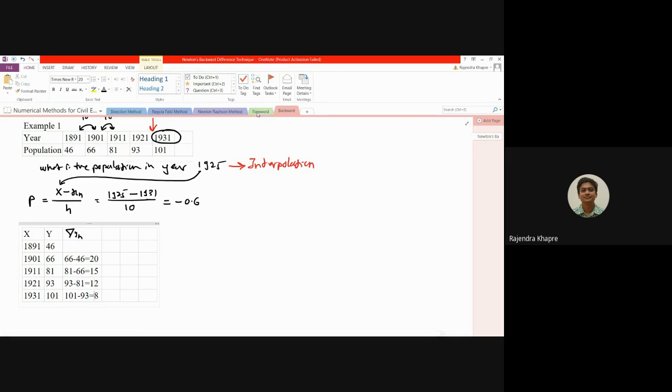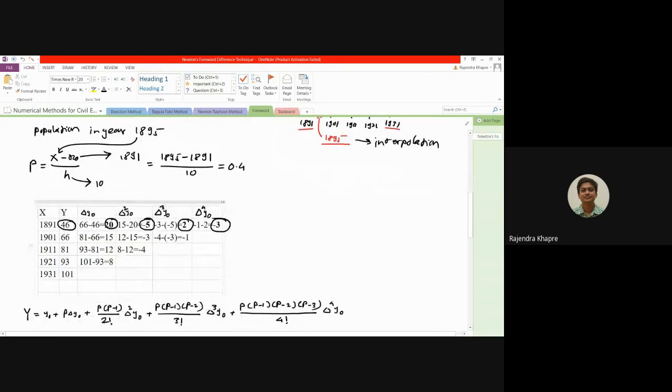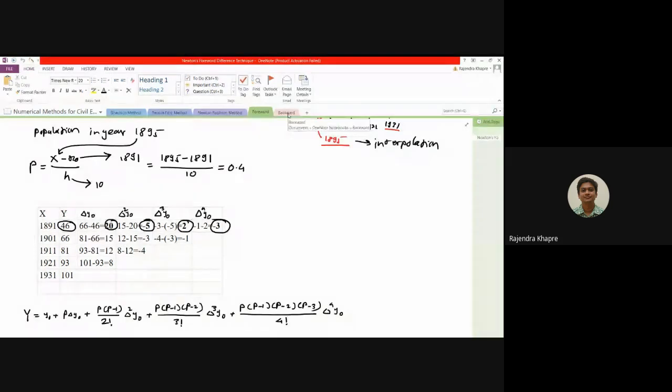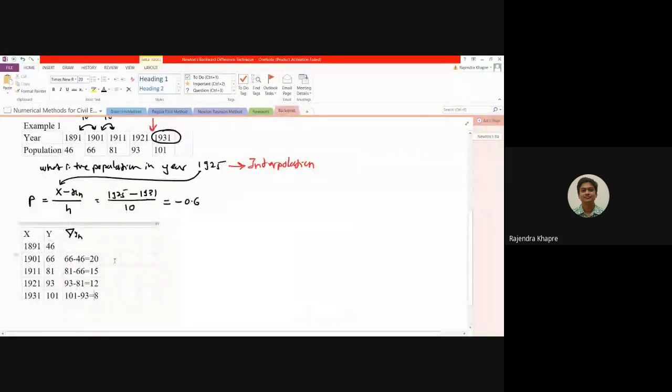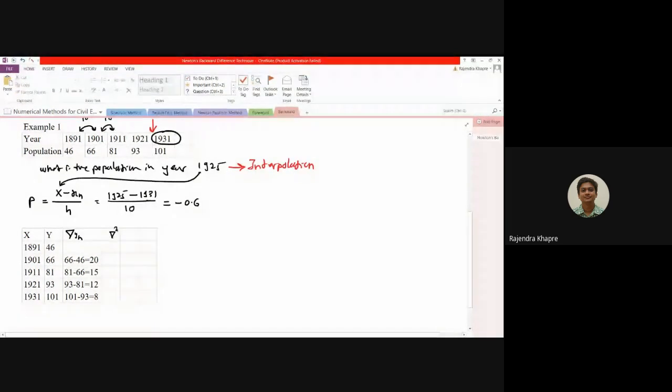If you refer to the previous numerical, we also got the same values 20, 15, 12, and 8. The only thing is that I have written them from the bottom, not from the top. So this table remains exactly the same; just for the sake of understanding, I am writing it on the downward side. The next value to calculate is delta square yn.